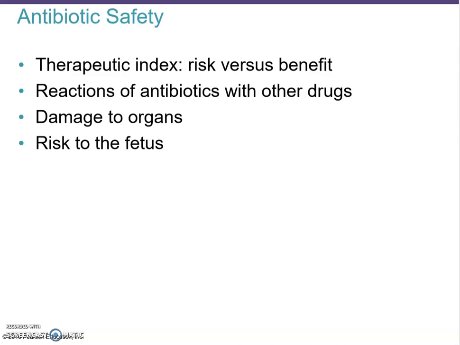There could be damage to organs. Chloramphenicol, for example, is an antibiotic that you really only want to take when you have nothing else available. Also, during pregnancy, there might be a risk to the fetus. It has to be weighed against the benefit of an antibiotic treatment.